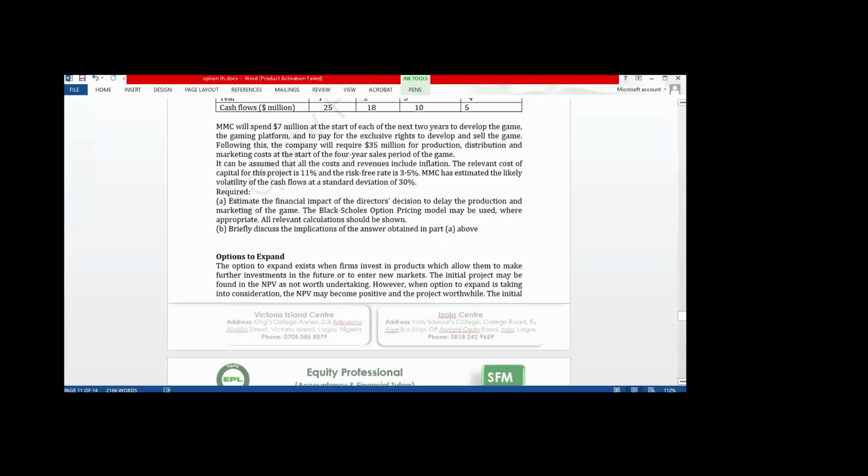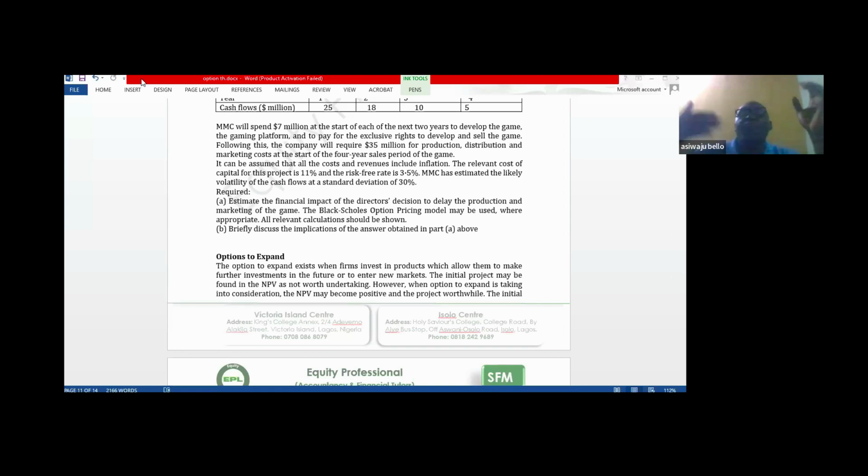The initial projects may not be financially viable, but the projects provide opportunity for expansion.